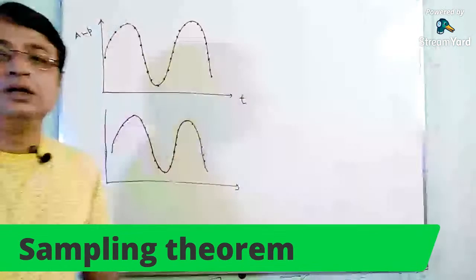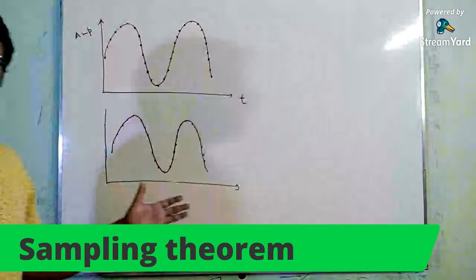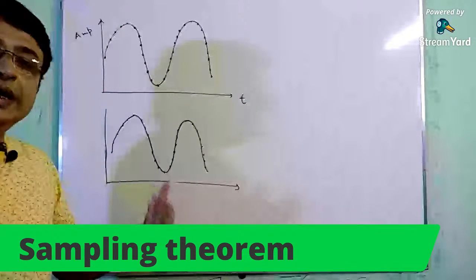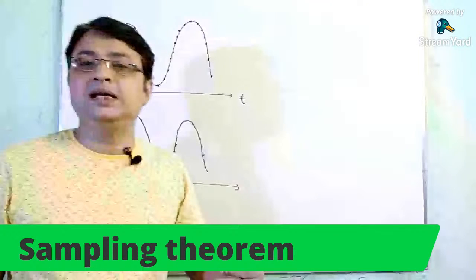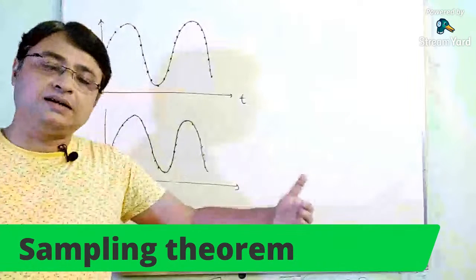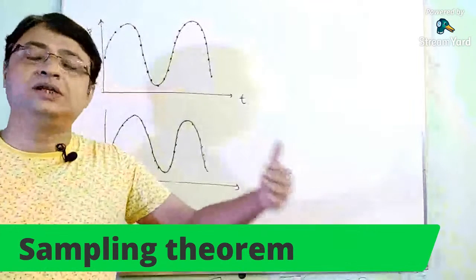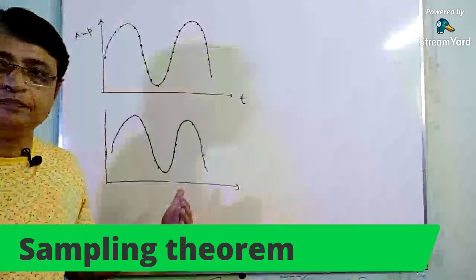Now I have already shown what will happen if the sampling frequency is less than that Nyquist rate.